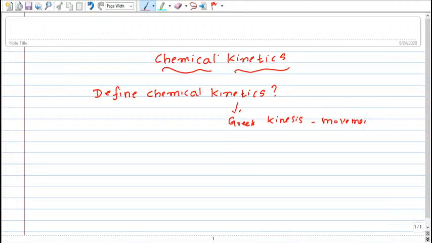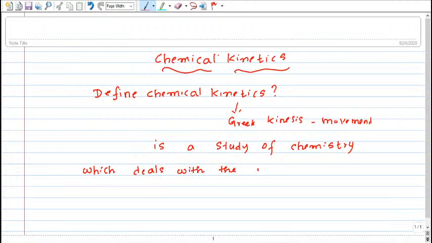So, chemical kinetics is a study of chemistry which deals with the mechanism of chemical reaction.